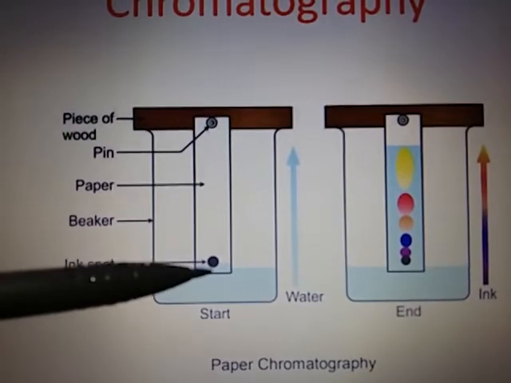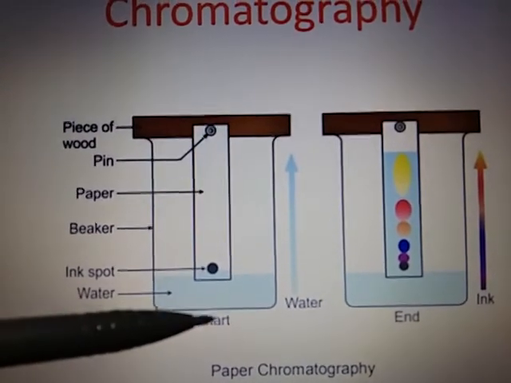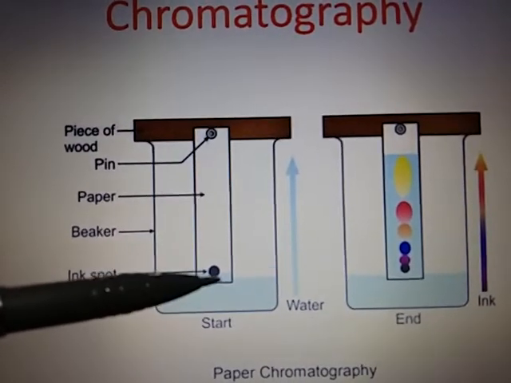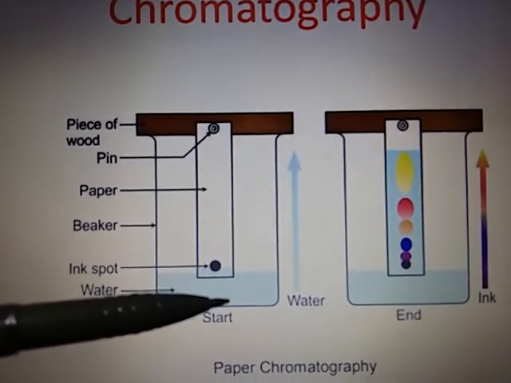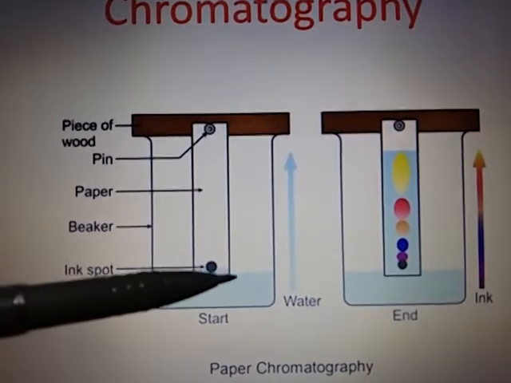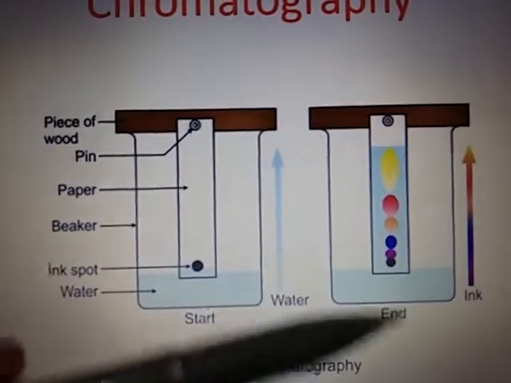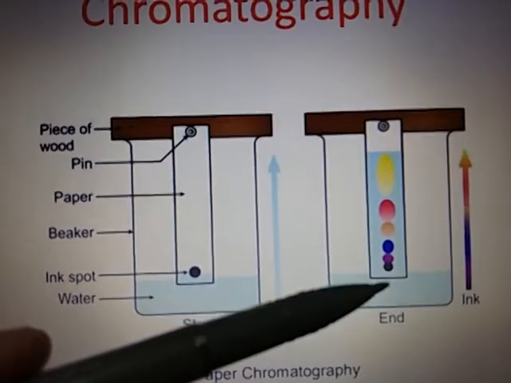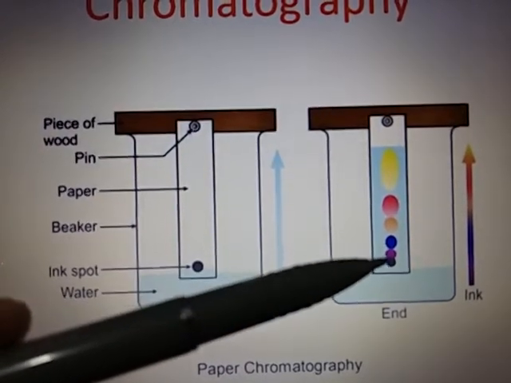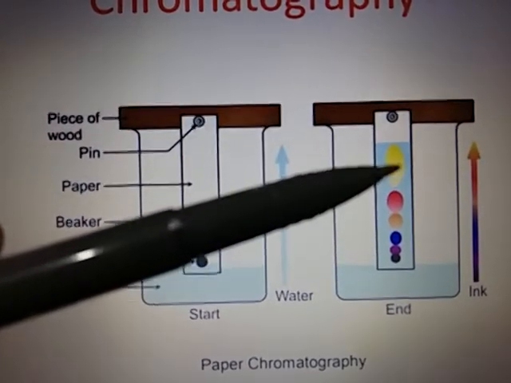Now when this strip is placed in solvent, slowly the solvent rises up, and then the ink gets dissolved in water, and with water it slowly rises up, and you can see here the different colors which are present in the ink, they get separated, they rise to the higher level.